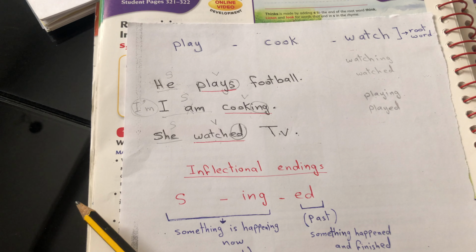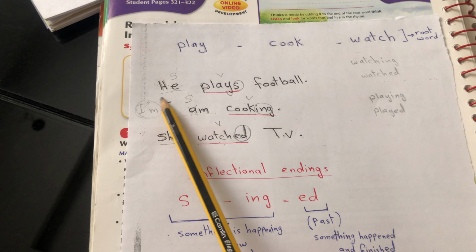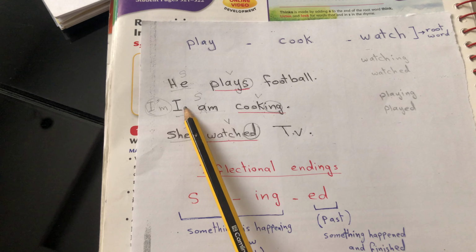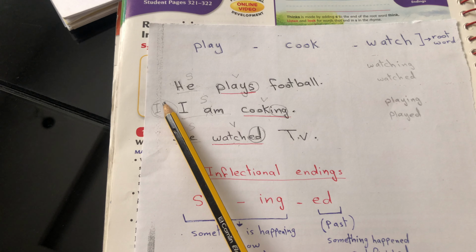How can I make them shorter? I will put the first word as it is, no gap, removing the first vowel and put an apostrophe in its place, and then the m. So after making them shorter, this is the contraction of I am.